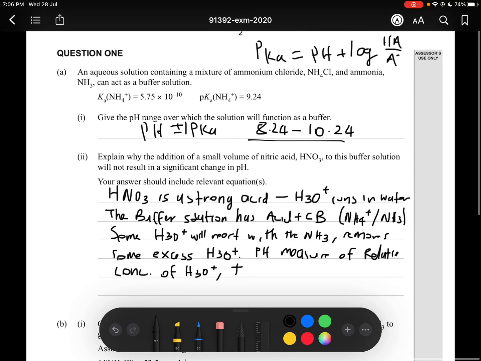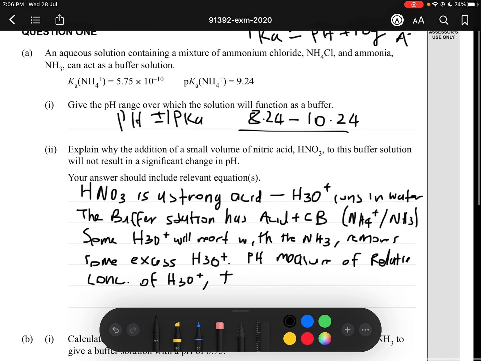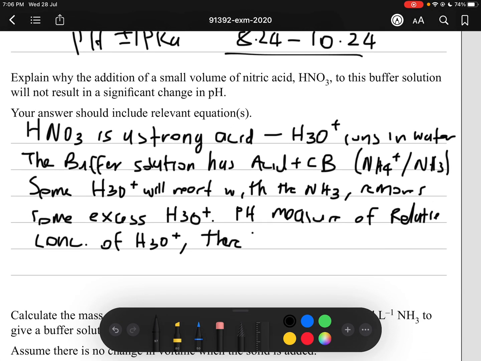It's still going to change according to the Henderson-Hasselbalch equation. Once some of the NH3 reacts to become NH4 plus, the concentration of NH3 is going to decrease, and the concentration of NH4 plus is going to increase. So therefore, there is going to be some change in the pH, okay? But it's not going to be a significant change.